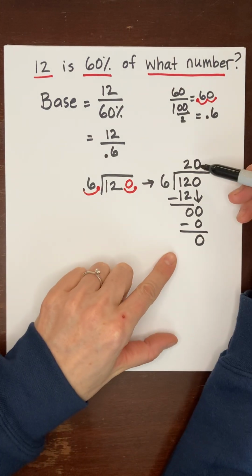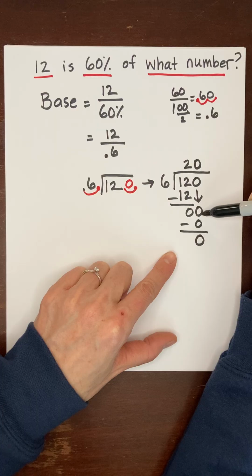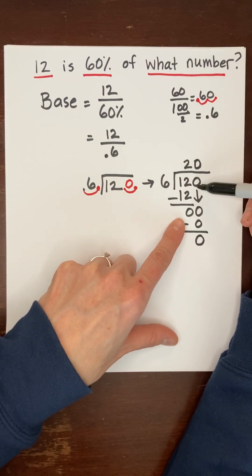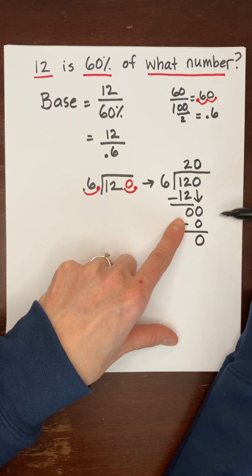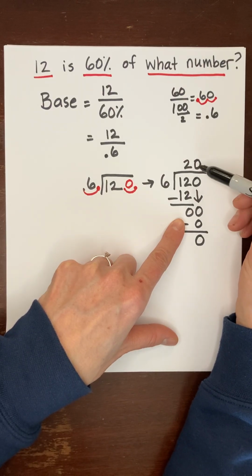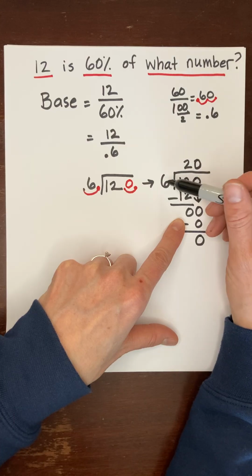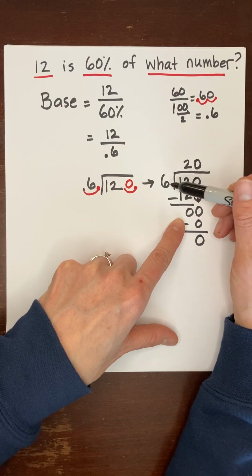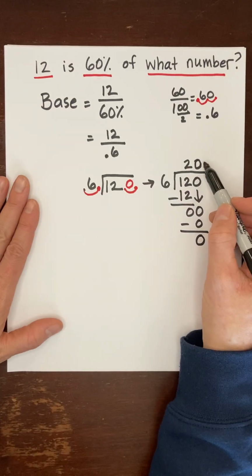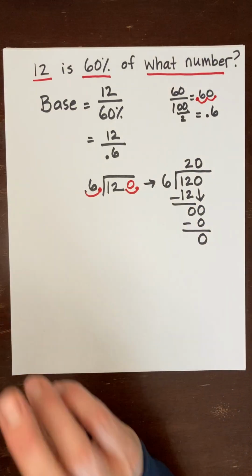Okay, a common mistake that students make is after they bring down this 0 here, they stop because they think they're at the end and the remainder is 0. But after we bring down a number, we have to do another round of division. So if it doesn't go in, we put 0 at the top. It's really important because 6 times 2 is just 12, but 6 times 20 is what gives us 120. So 20 is our answer.